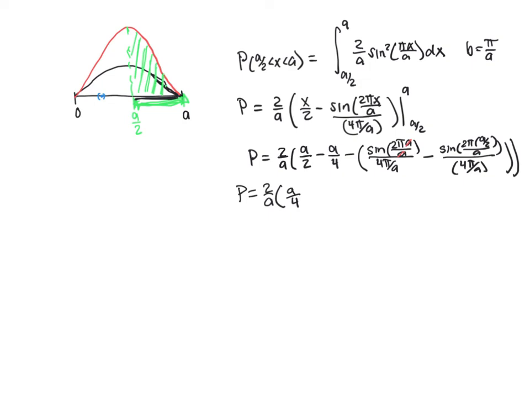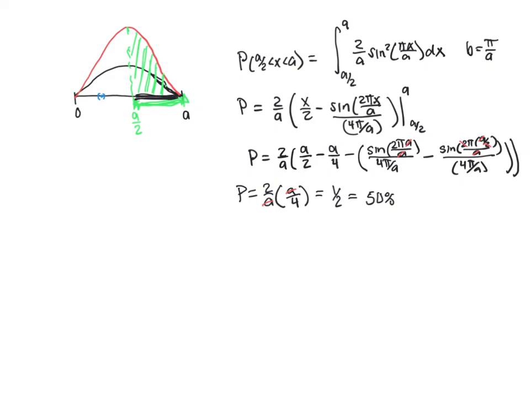And then the a cancels here, and the 2 cancels here, but sine of pi is also 0, and so both of those terms are 0. So I end up with this, and that is just equal to, a's cancel, and I get 2 over 4, or 1/2. So that tells me that I have a 50% chance of finding the particle in this region.